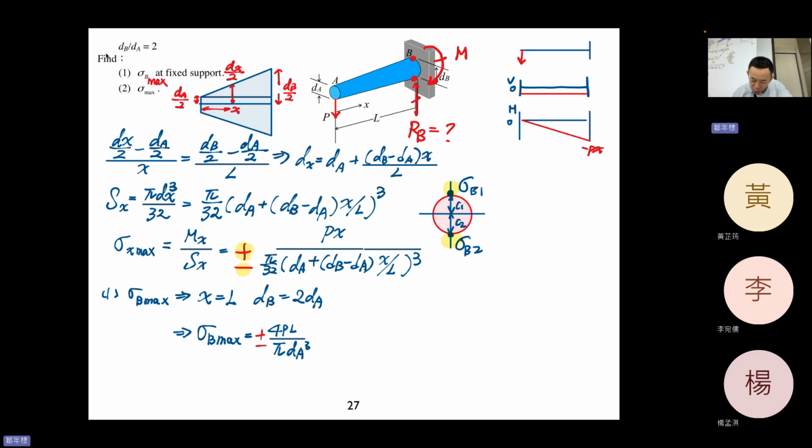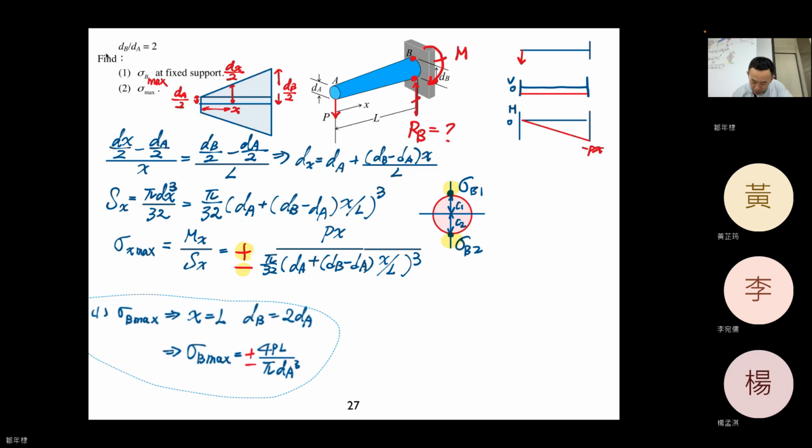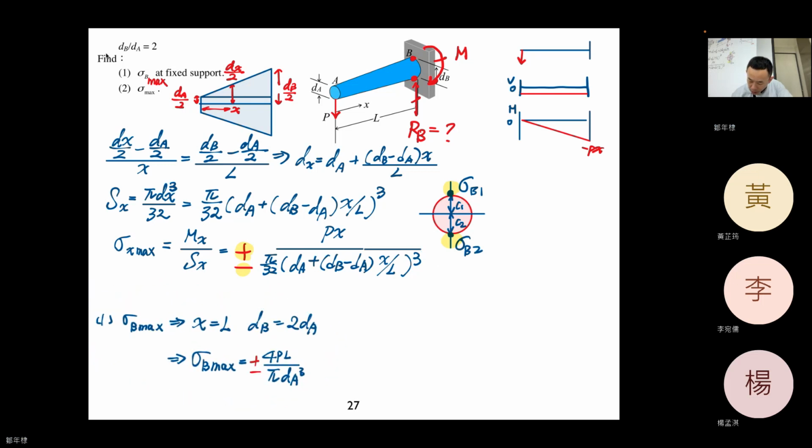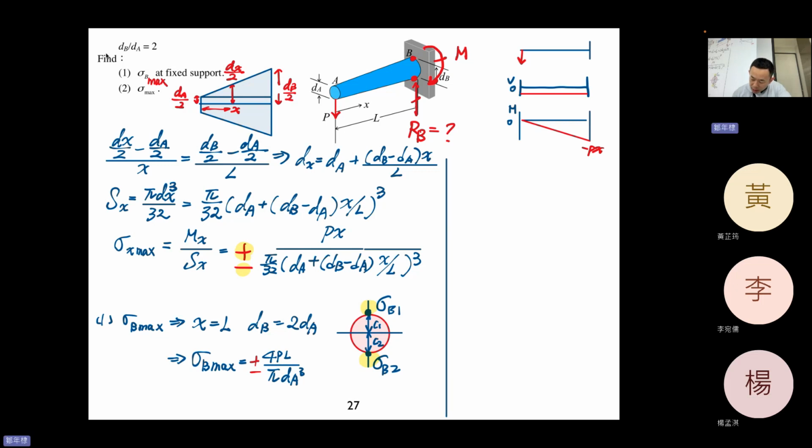Let me rearrange a bit. Okay, and then next one, sorry, I'm going to write down the second one. Okay, the second one, sigma max. So for sigma max, you have the function for the entire beam, right?